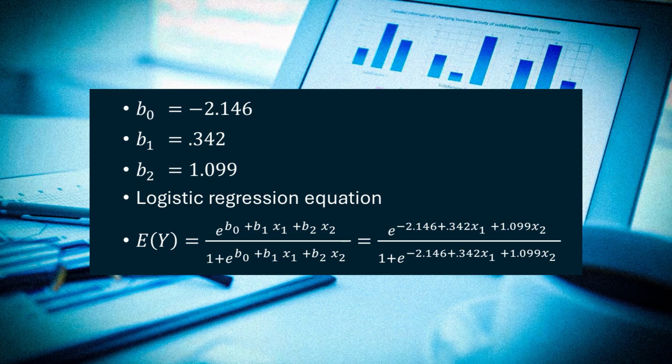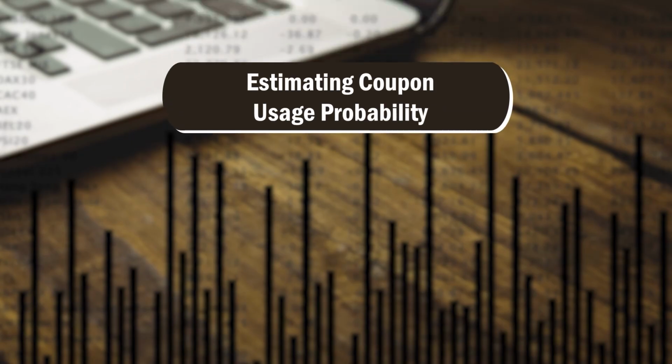And when we put these estimates of b0, b1, b2 in the logistic regression equation, what we get is e to the power of minus 2.146 plus 0.342 x1 plus 1.099 x2, divided by 1 plus e to the power of the same thing: minus 2.146 plus 0.342 x1 plus 1.099 x2.